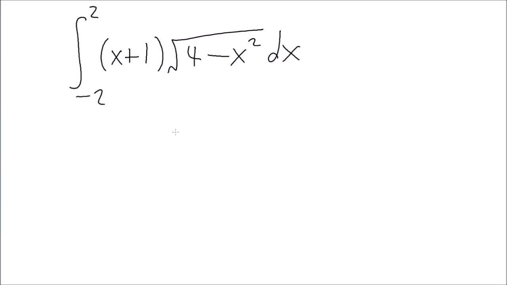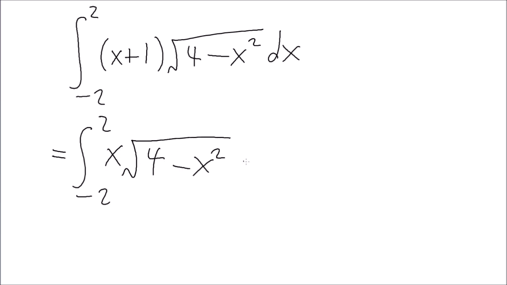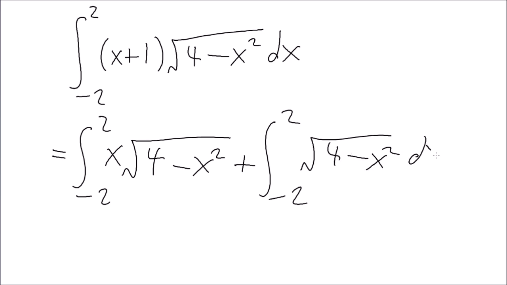Again, all of this looks very sus already, right? So let's go ahead and split this in 2. So we have the integral of x times the square root of 4 minus x squared, plus the integral from -2 to 2 of the square root of 4 minus x squared dx. Okay, so yeah, this whole thing looks sus, right?